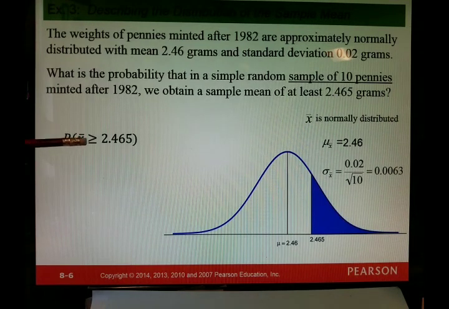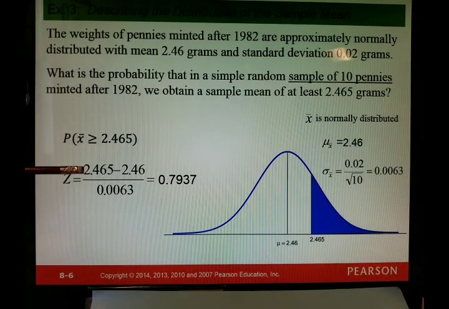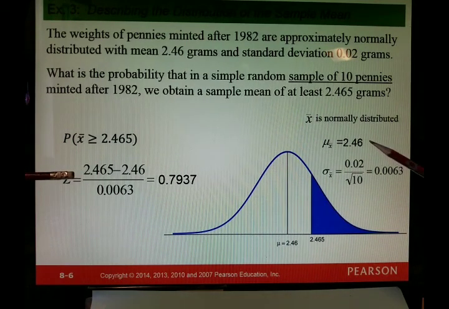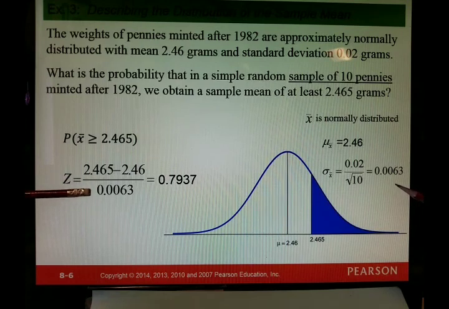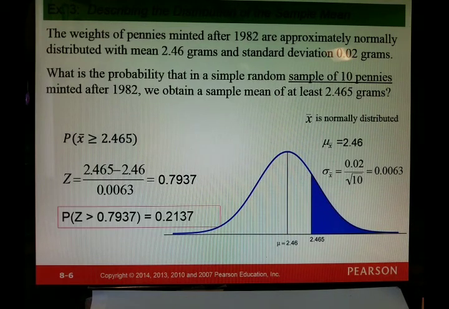To get my z-score, remember we take our x value, 2.465, minus the mean, and divide by the standard deviation. That gives me my z-score of 0.7937. I want to know the area from that z-score to the right, so that would be a normal CDF from that z-score to the right, which is 21.37%.